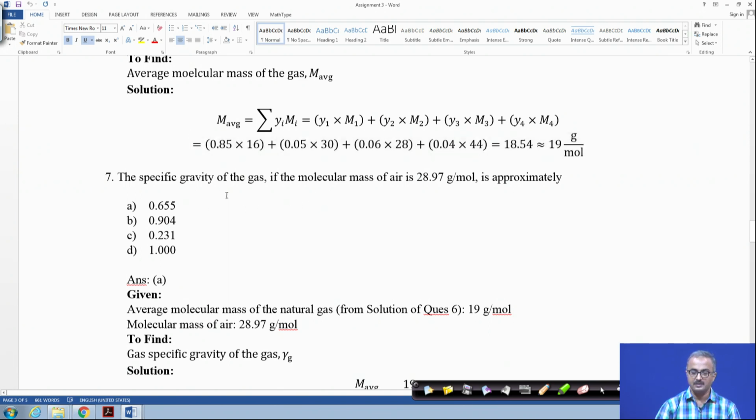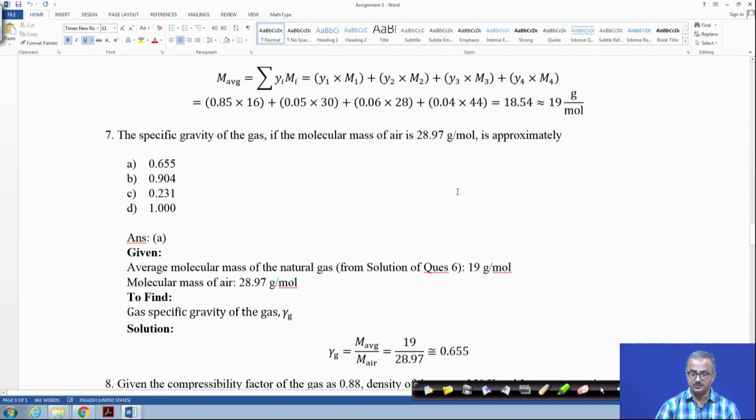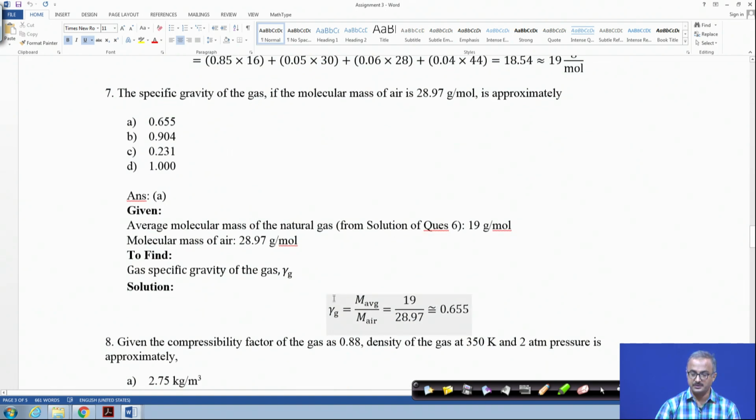Then we have the specific gravity of the gas. It is quite simple: specific gravity is the average molecular mass of the mixture divided by the molecular weight of air, and here you have this value of the specific gravity.